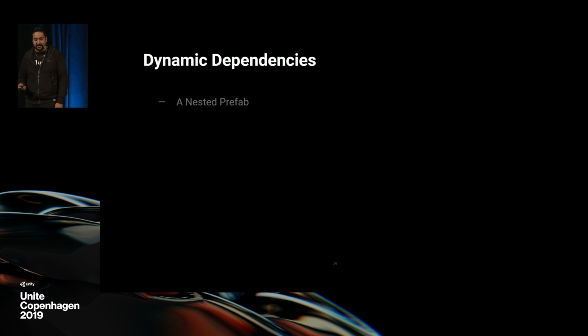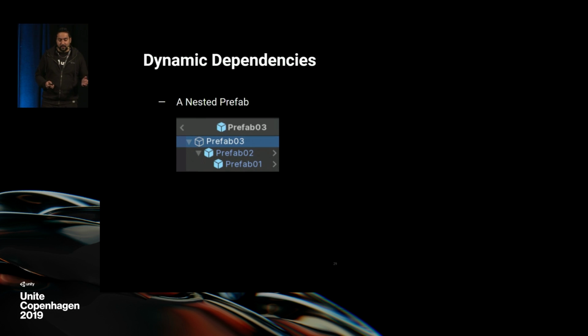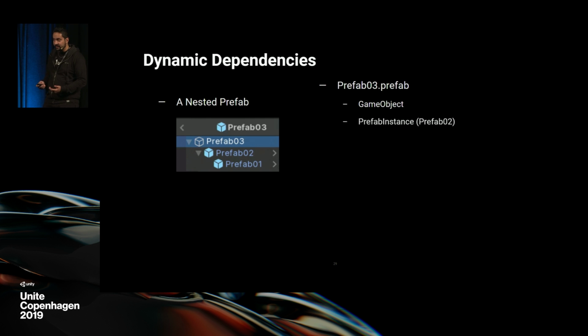So for example, let's take a nested prefab. As you may all be familiar with what this is, we got prefab 3 containing prefab 2, and prefab 2 contains prefab 1. When you look at prefab 3.prefab, among many things, it contains a game object and a prefab instance. But there's already something that's missing here. There's no reference to prefab 1. But either way, we say, OK, there's a prefab instance inside my prefab.